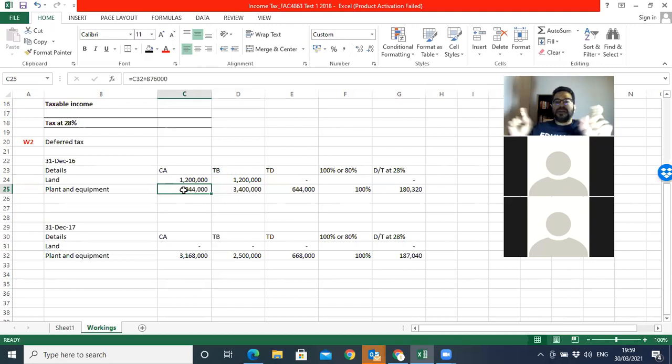So sorry, let's say our profit before tax is 10 million. So accounting profit, 10 million, SARS, 10 million. The only difference is plant and equipment. So let's assume in future, our profit before tax is 10 million rand.